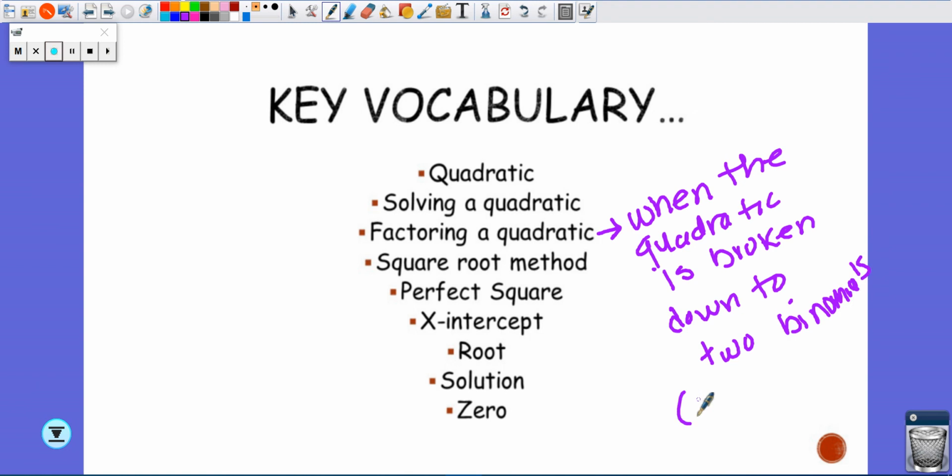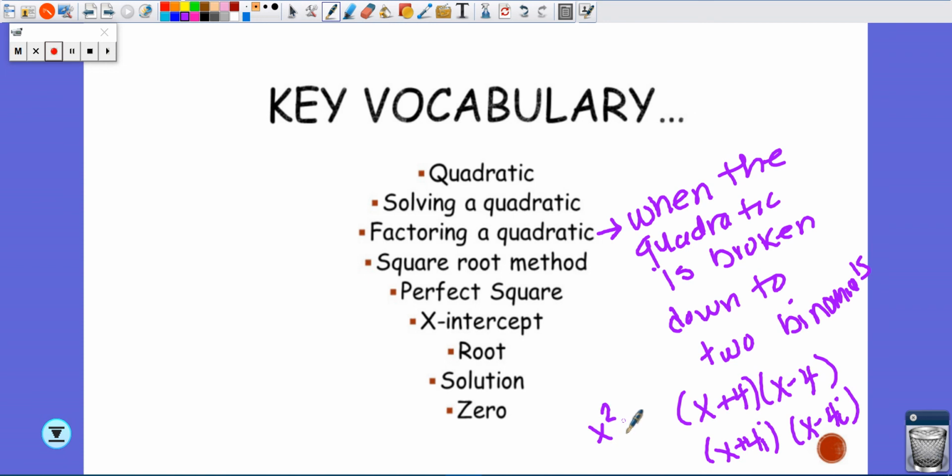We might get something like x plus 4 or x minus 4, and we may even get something with an x plus 4i and an x minus 4i. That is when we take a quadratic and break it into binomials, like x squared minus 16 and x squared plus 16. That's what it means: taking the quadratic and breaking it into binomials.